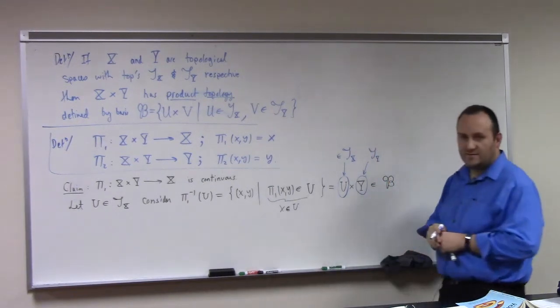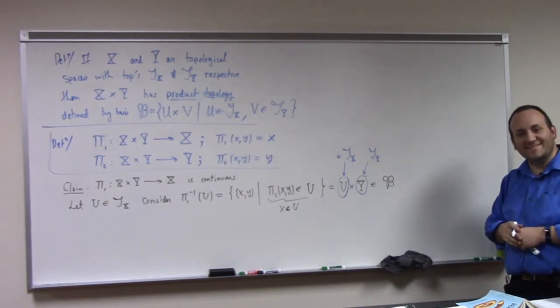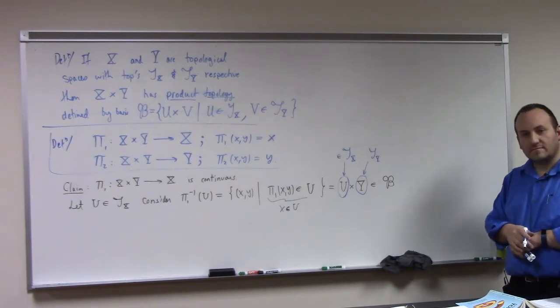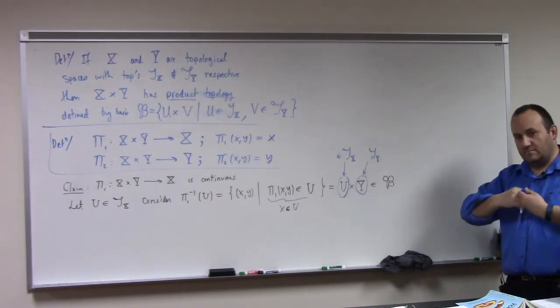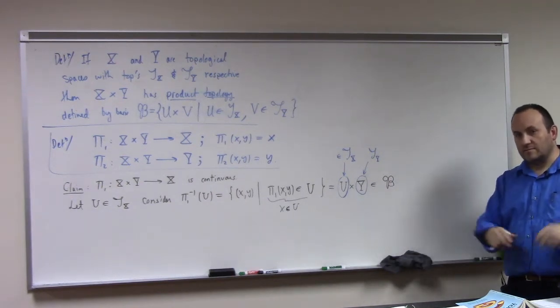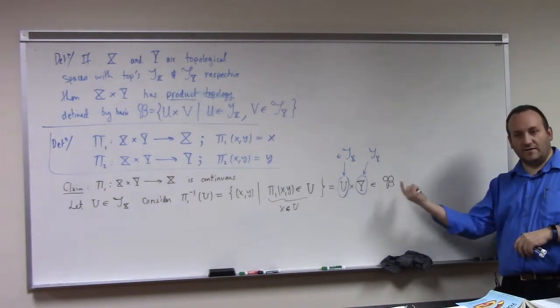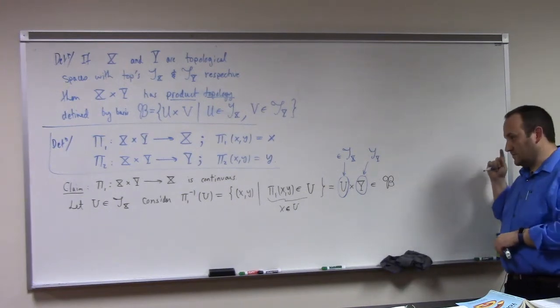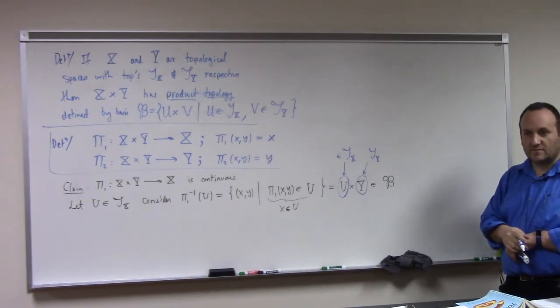Why is Y in the topology of Y? What is a topology? It contains the empty set and the whole set. So the topology of Y has to contain all of Y. And so we're looking at the Cartesian product of open sets, which is by definition open in the product topology. Therefore, the projection map is continuous with respect to the product topology.